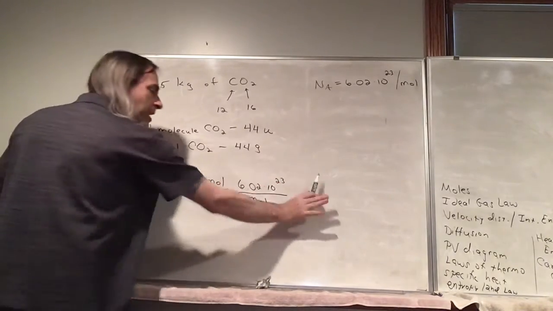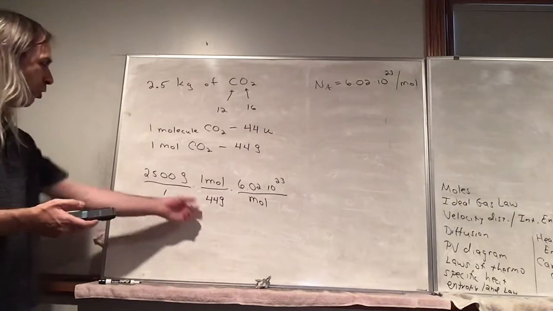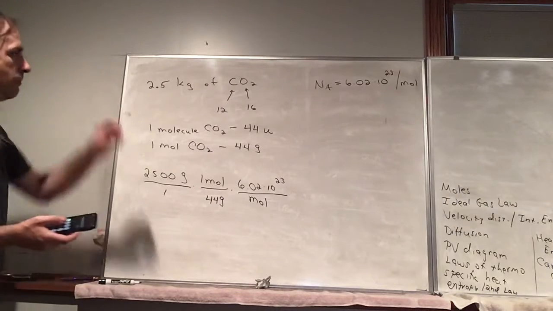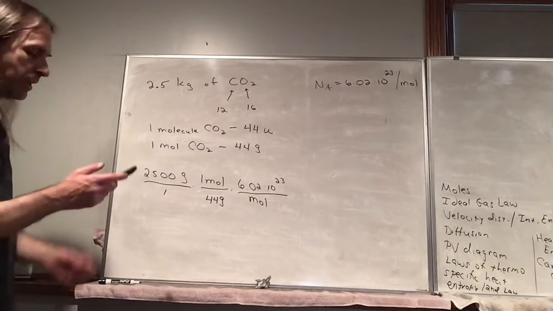So again, if we just skip that step, we'll get the number of moles, but then we multiply by Avogadro's number. So let's do this. We do 2,500 divided by 44. So that's 56.8 moles. Again, we have a large amount of 2.5 kilograms of carbon dioxide.